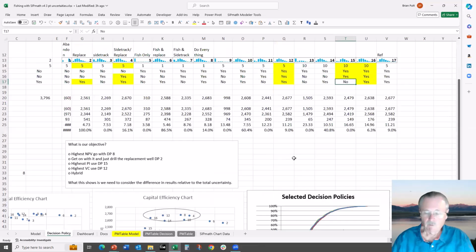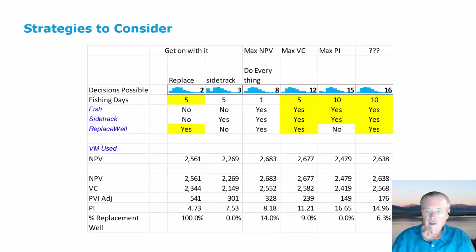Okay, let's flip over to a summary of these highlighted strategies. And here they are. The question to ask is, typically I would use the maximum value creation as my decision criteria. That's my personal decision criteria.